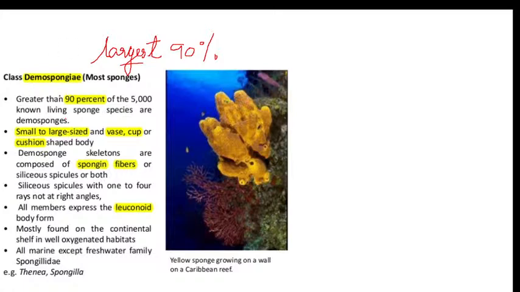Class Desmospongiae comprises the largest group of sponges. From small sponges to large sized vase shaped, cup shaped and ball shaped sponges are found in class Desmospongiae, and the spicules are made up of spongin fibers.